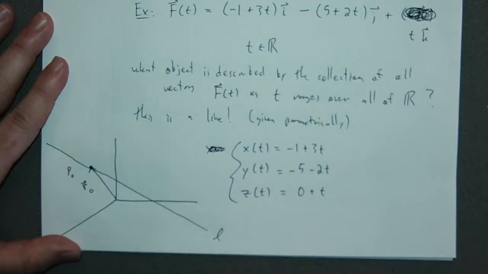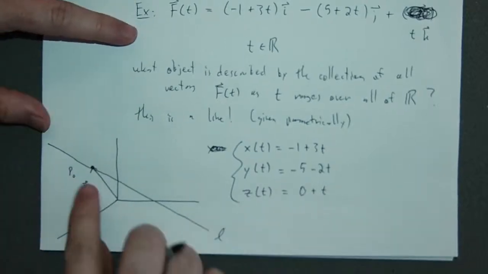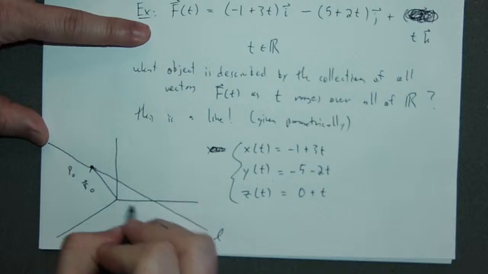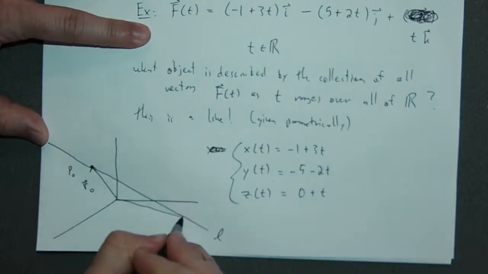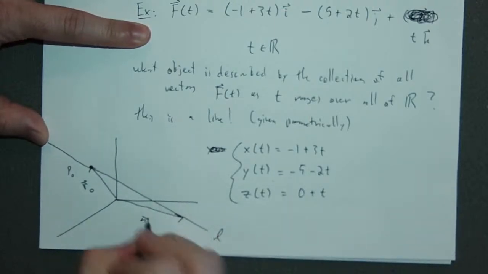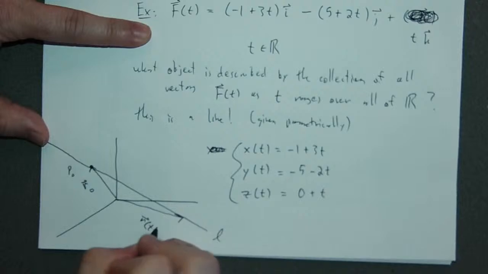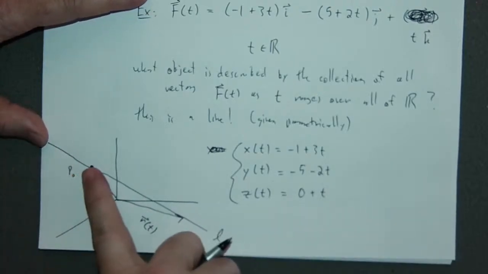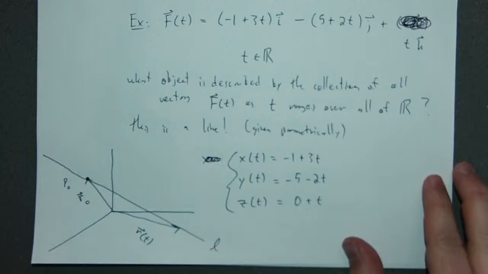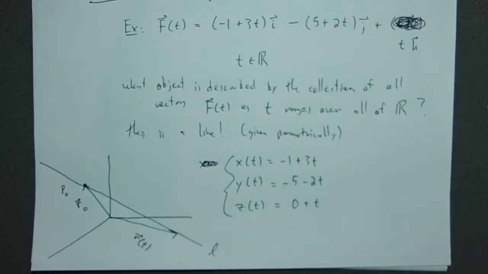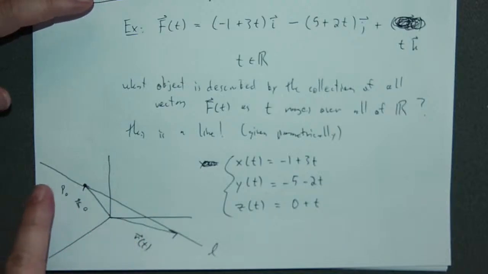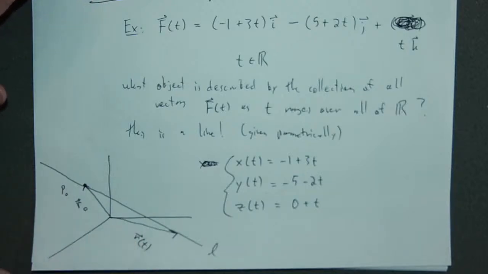So here's my line L. I had a generic vector R, and maybe here's what R looks like at this point. This generic vector R of t is tracing out this line. Here it is initially, if you think of t equals 0 as an initial time. And as t varies over the reals, this R of t vector traces out the line.